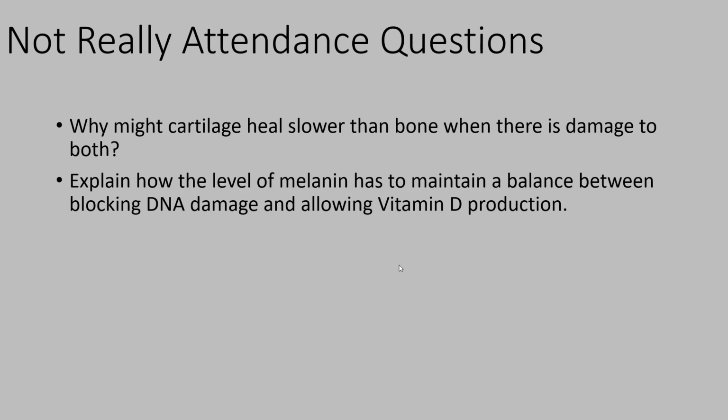Next, explain how the level of melanin has to maintain a balance between blocking DNA damage and allowing vitamin D production. This is a little bit of a thinker, so let's see exactly what's going on here. Remember, melanin blocks ultraviolet radiation after damage to the keratinocyte DNA has occurred.